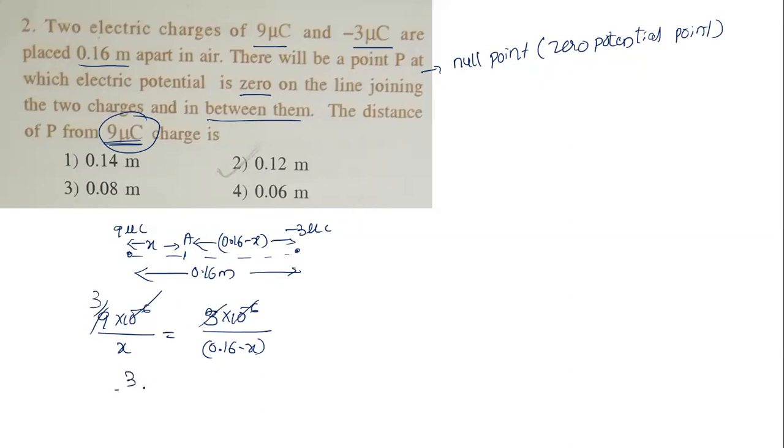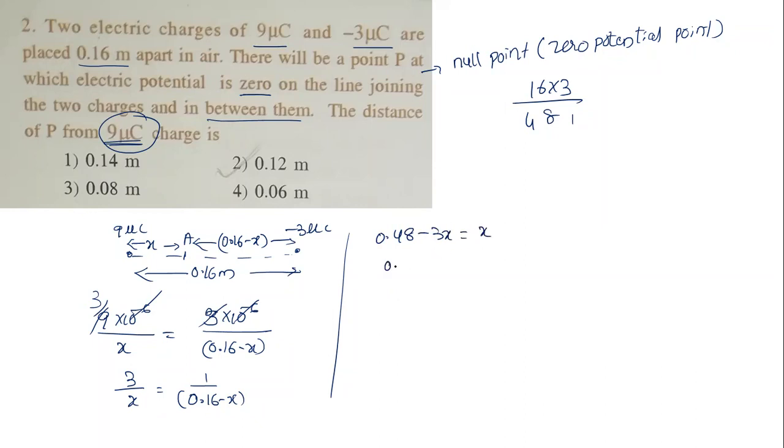It will become 3 by X equal to 1 by 0.16 minus X. Do cross multiplication now. 16 times 3 is 48, it will become 0.48 minus 3x is equal to x.